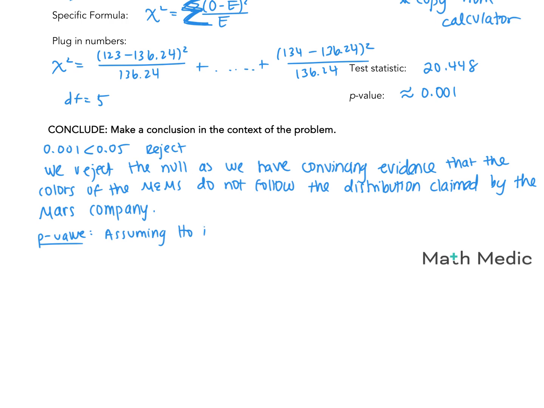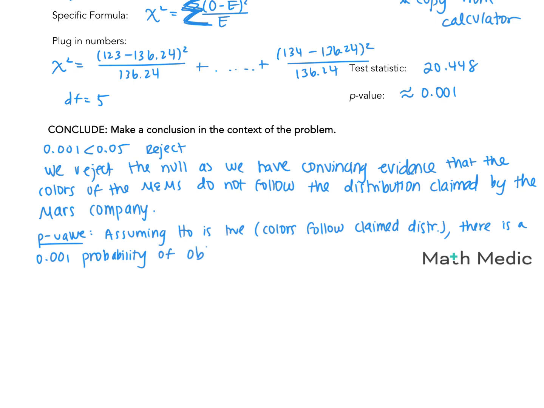Assuming the null is true, and in context, that means that the colors follow the claimed distribution, there is a 0.001 probability of obtaining the observed sample or one more extreme by chance alone.